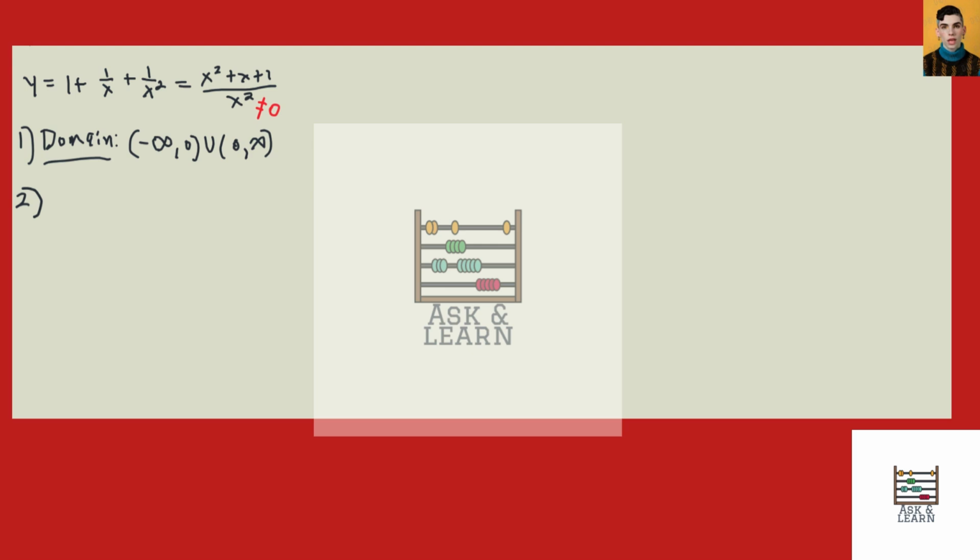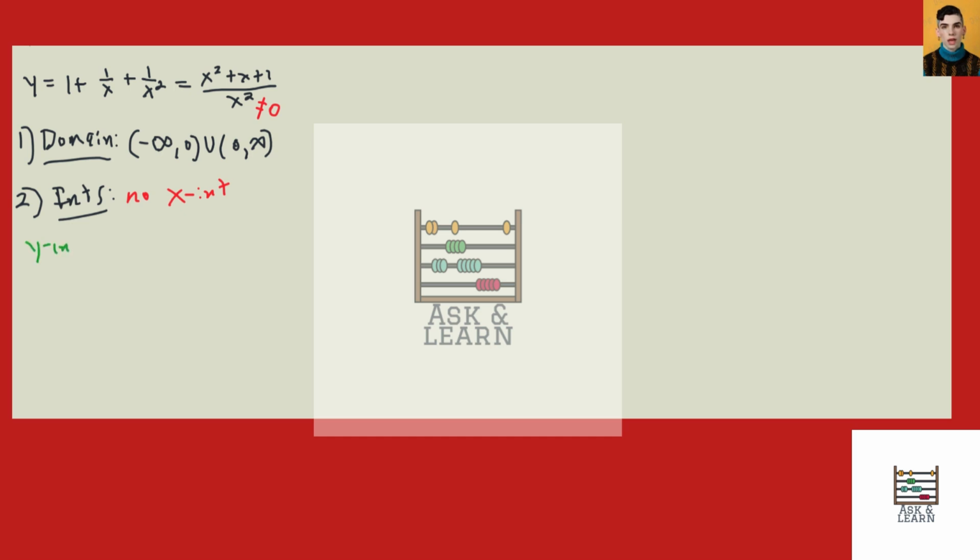Next, we want to find our intercepts. Now, we already said there's going to be no x-intercepts, just due to the fact our numerator cannot factor. And to find our y-intercept, we're going to go ahead and let x equal 0.